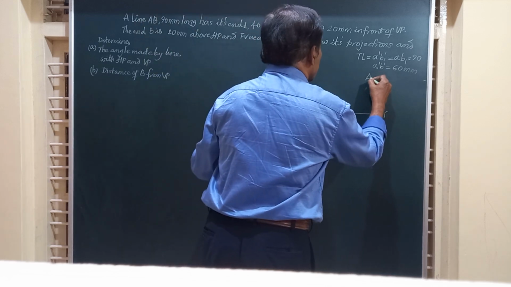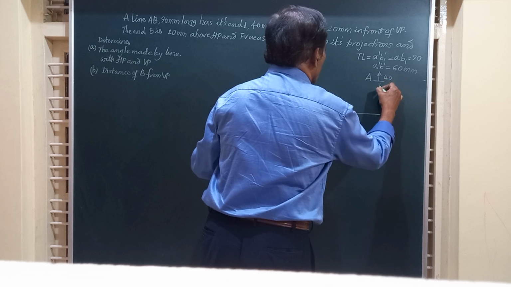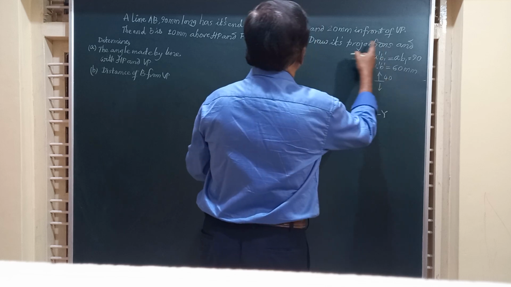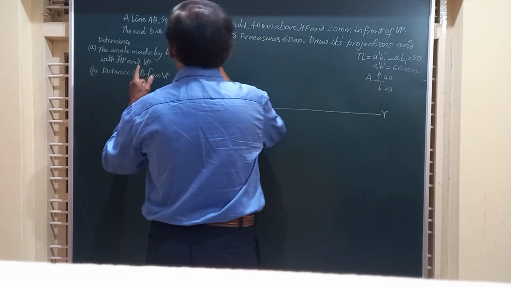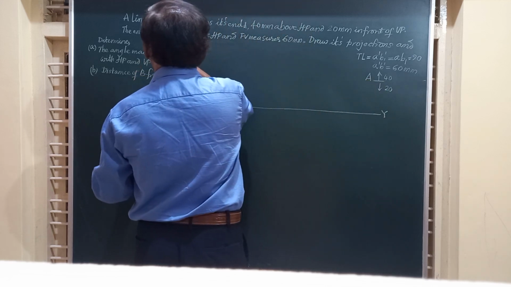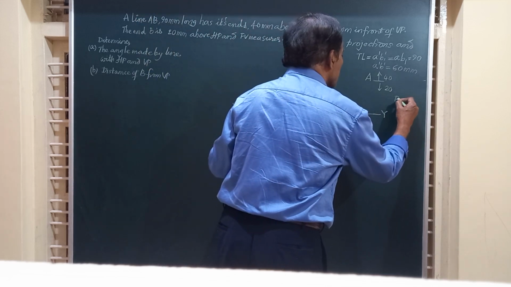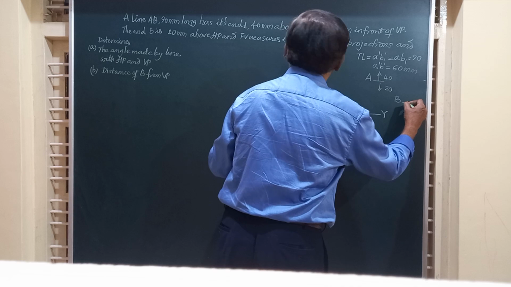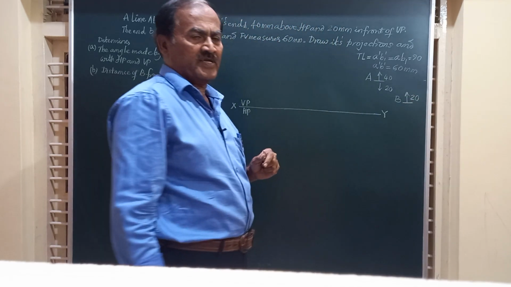We will mark like this: A is from the XY line, it is 40 above, and in front of VP it is 20. And that's all the data they have given. And the end B is also given, is 20 above HP. This is the data that is given to us, friends.